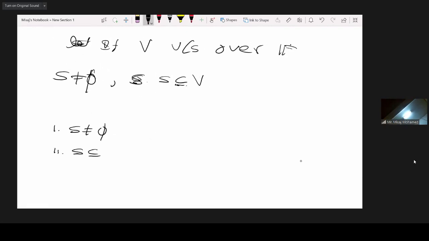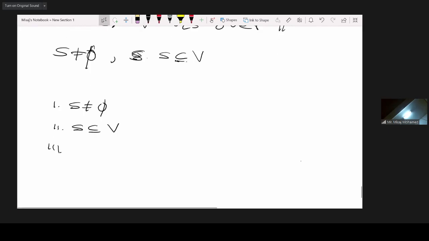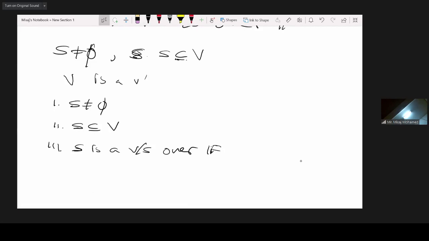Second condition is S must be a subset of V. Third condition is S is a vector space over F. V is a vector space over F. Then what are the three conditions? S must be non-empty. S must be a subset of V. S is a vector space over F.